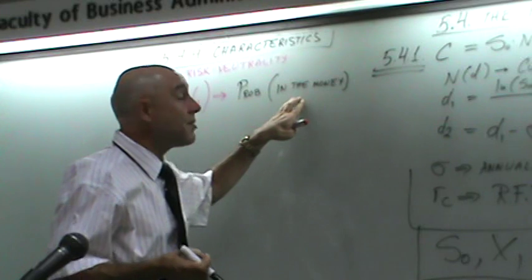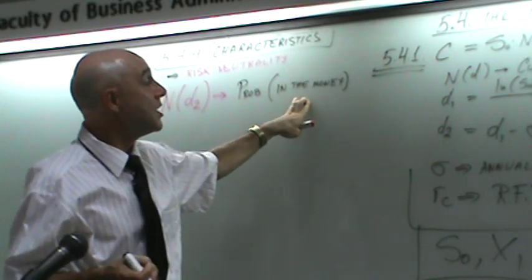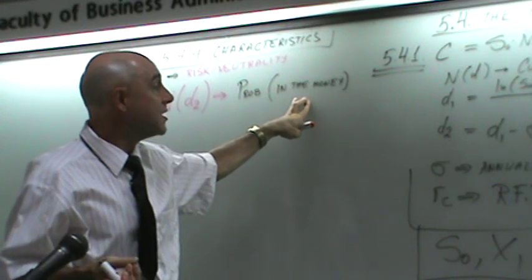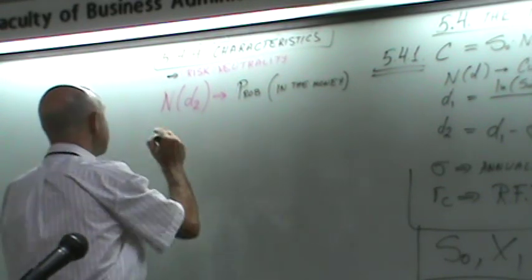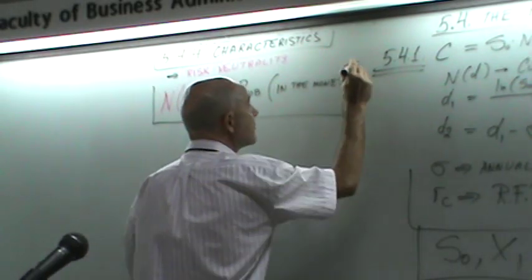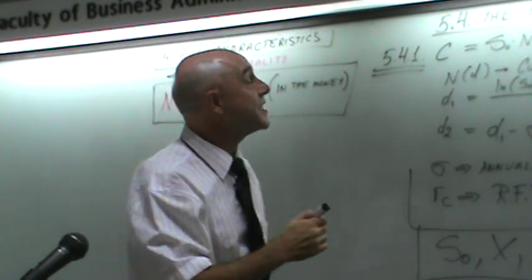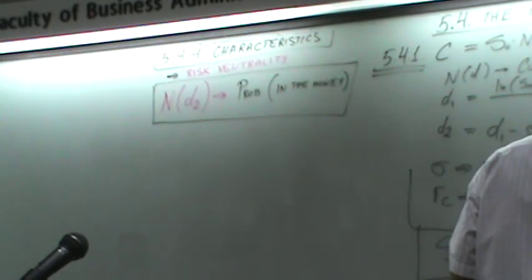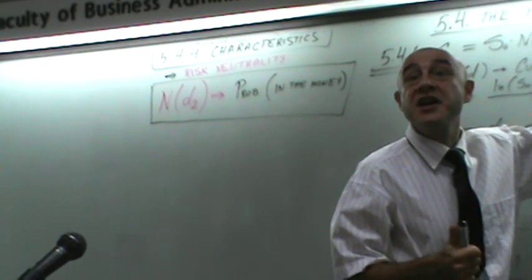So this is the probability that the price will be above the strike. So that's a very important interpretation. So that's the ND2. Okay? So this is the chance of being in the money.